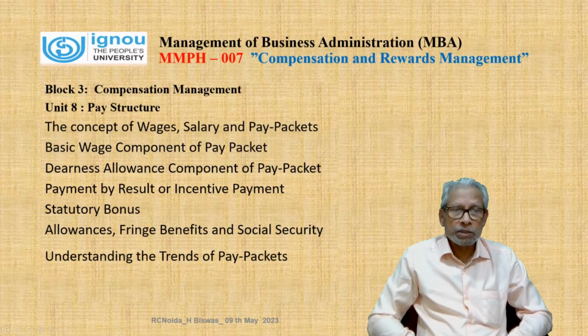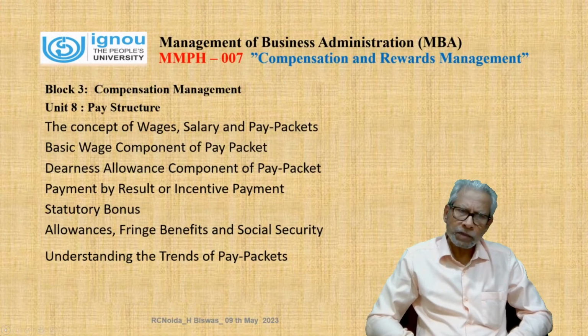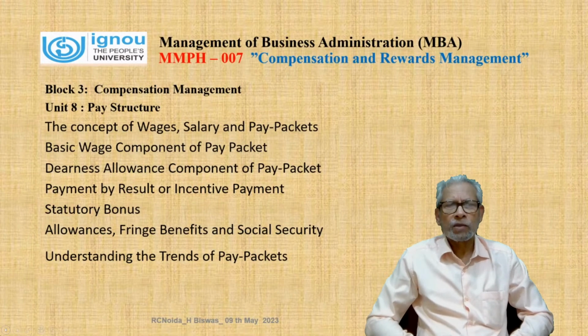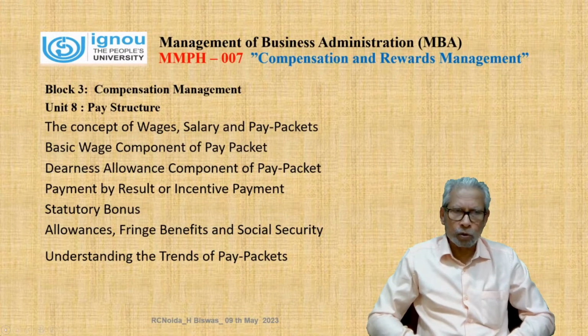Bonus. Statutory bonus is governed by the government; under the Bonus Act, they decide how much bonus should be paid. If profitable, maximum 20% you can pay, minimum at least 8.33, or 7 point something. Below that, it's not acceptable. So the statutory Bonus Act should be followed.